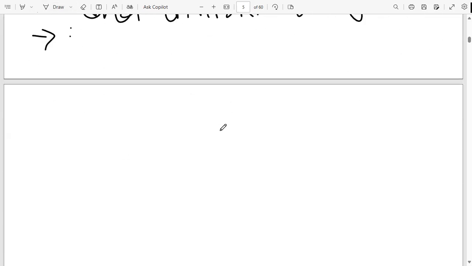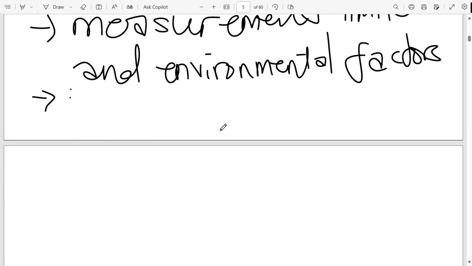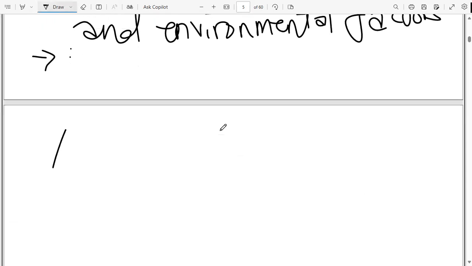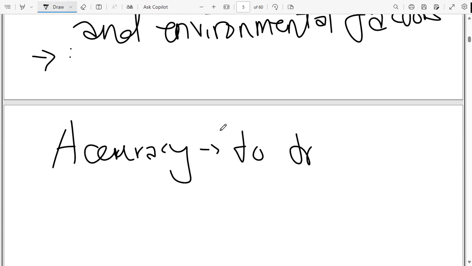When you're talking about accuracy and precision, you're going to find that accuracy is just going to give you how close a measurement is to the true value.